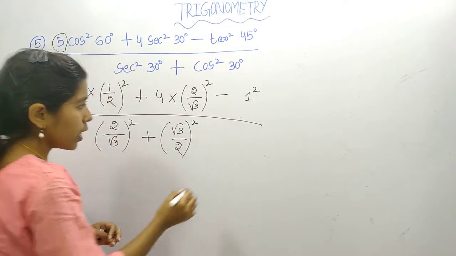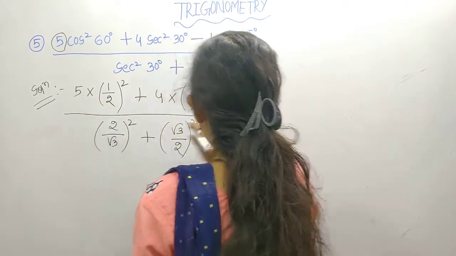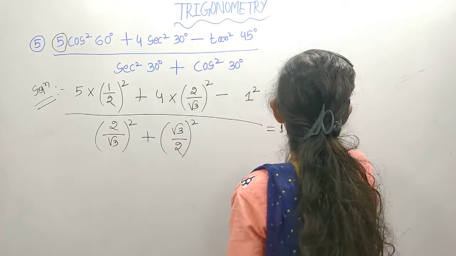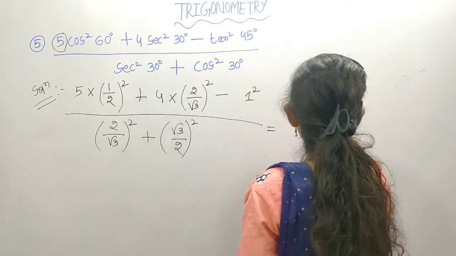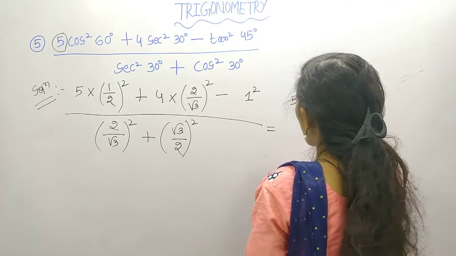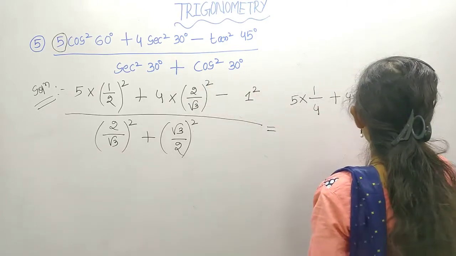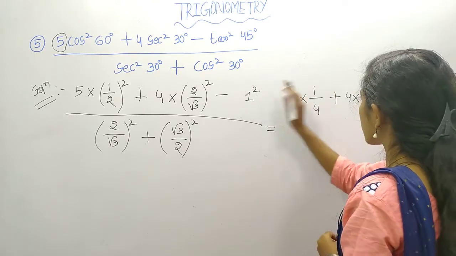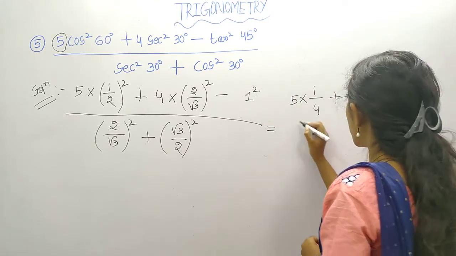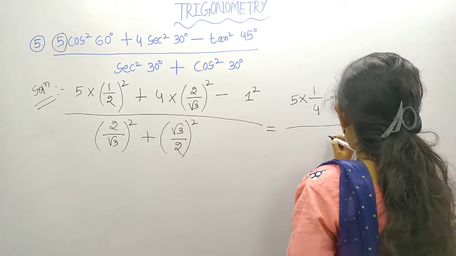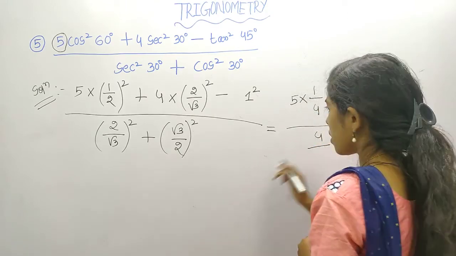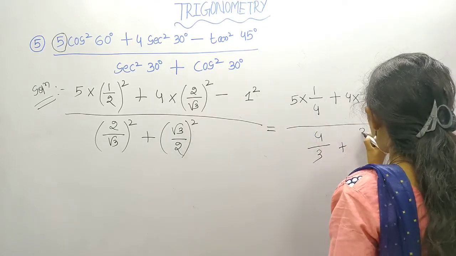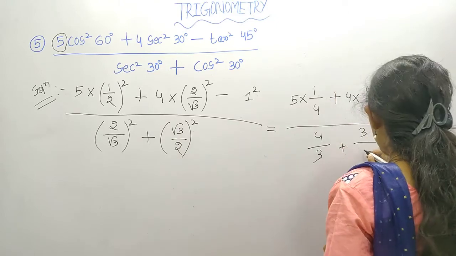So square equals to, here you find 5. 5 into 1 square is 1 divided by 2 square is 4 plus 4 into 2 square is 4 divided by root 3 square is 3 minus 1 square is 1 divided by 2 square is 4 divided by root 3 square is 3 plus root 3 square is 3 divided by 2 square is 4.